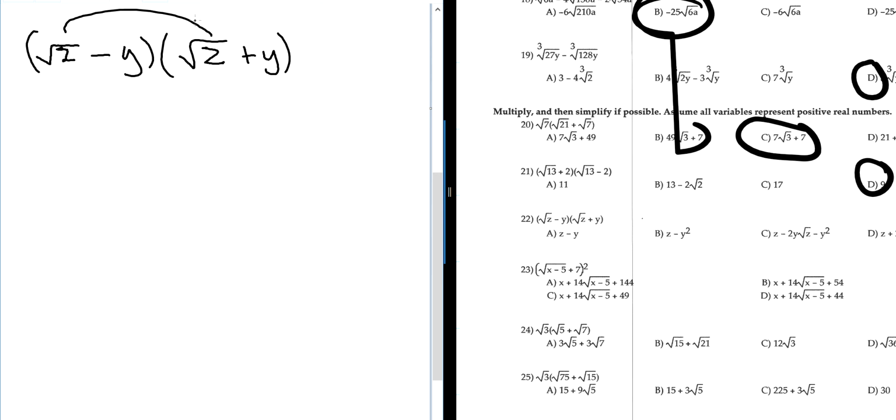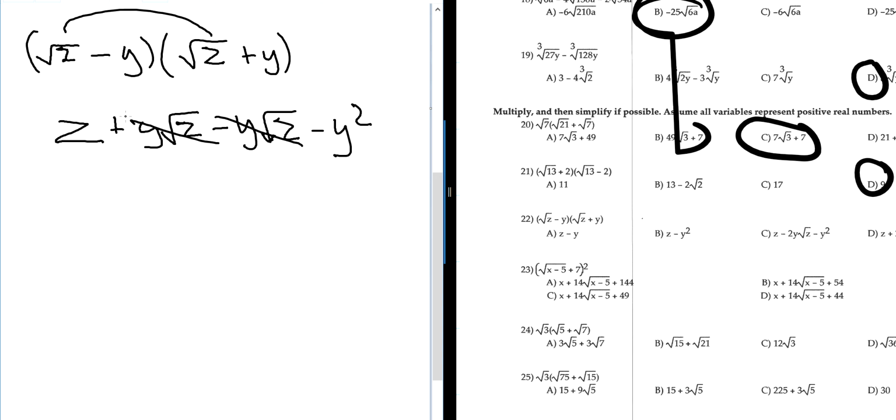So the first items here, square root of Z times the square root of Z is Z. Outside and inside is plus Y square root of Z minus Y square root of Z, and last is minus Y squared. Middle terms cancel, and I'm left with Z minus Y squared. And Z minus Y squared is B, number 22.